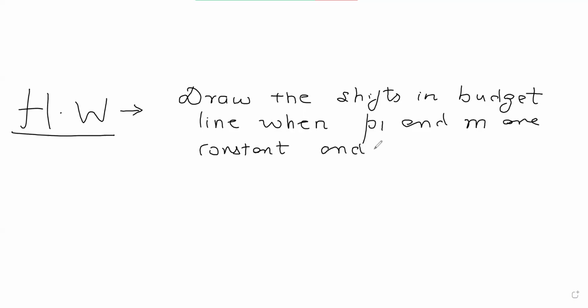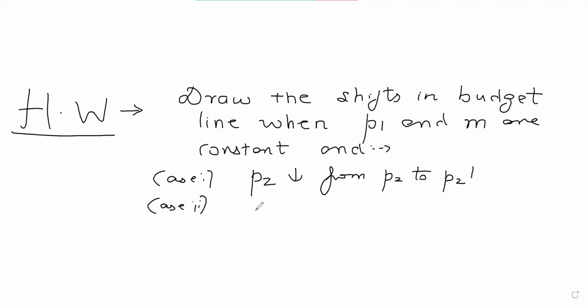and case 1, price of good 2 falls from P2 to P2 dash. Case 2, price of good 2 increases from P2 to P2 double dash.